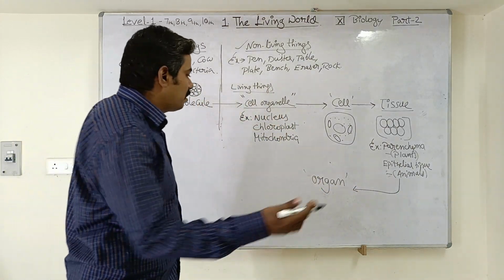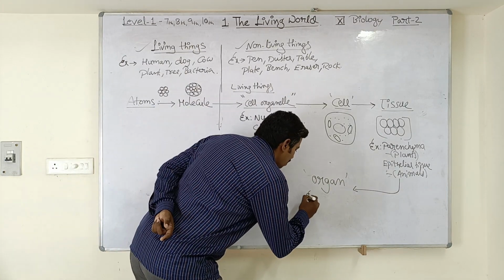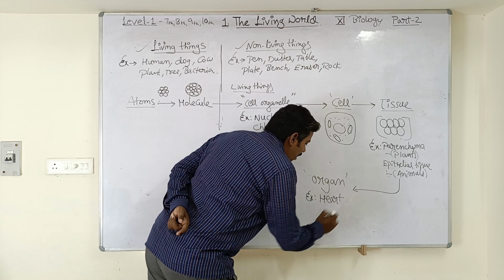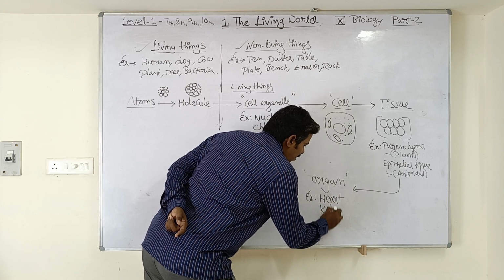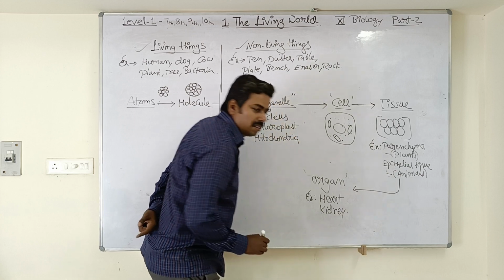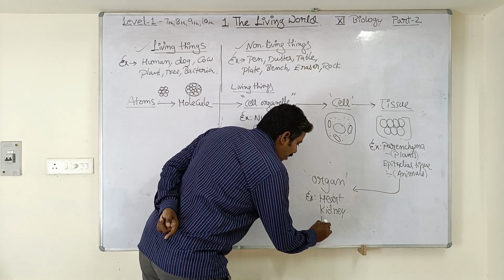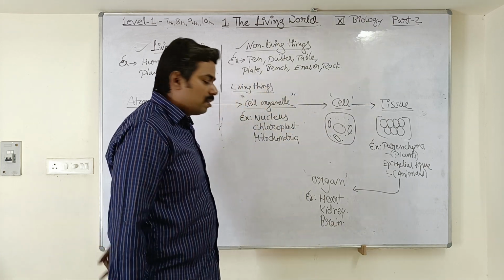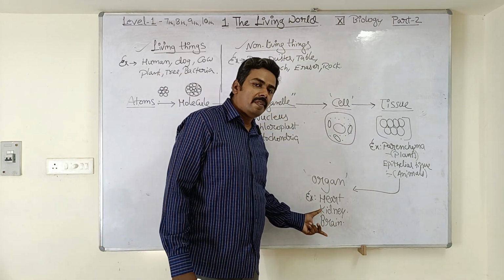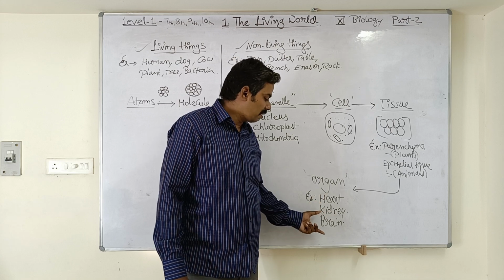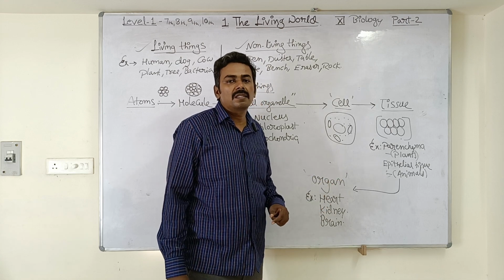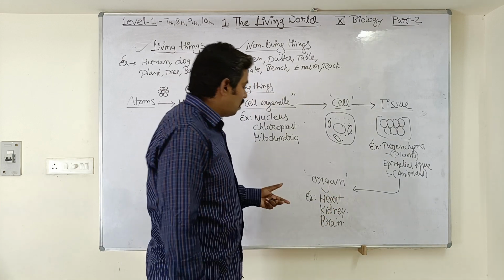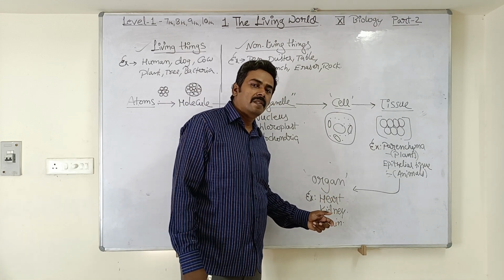Come on students, tell me some examples of organs which we see in the human body, such as your heart which pumps the blood, the kidney which excretes the waste present in the blood, and the brain, which is the main organ of the nervous system that controls the different sensory organs in our body and also controls the muscular system.